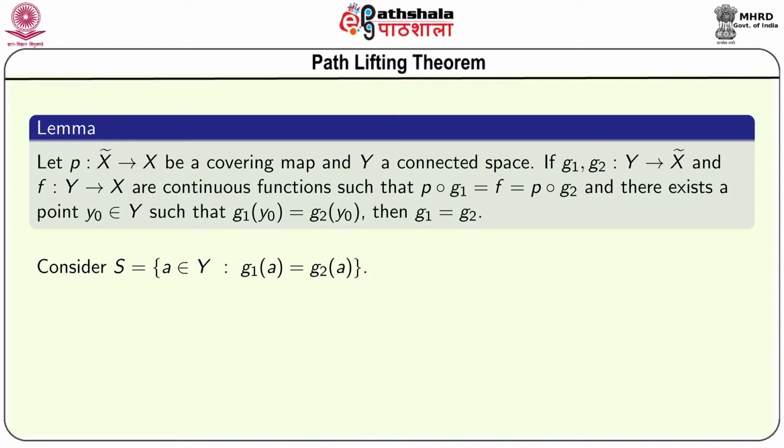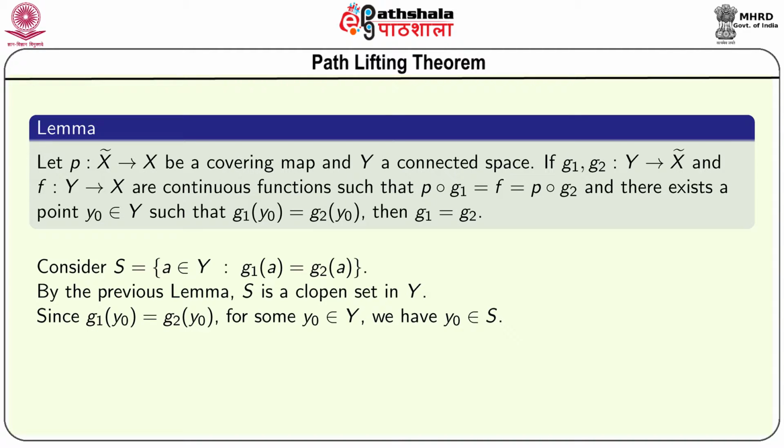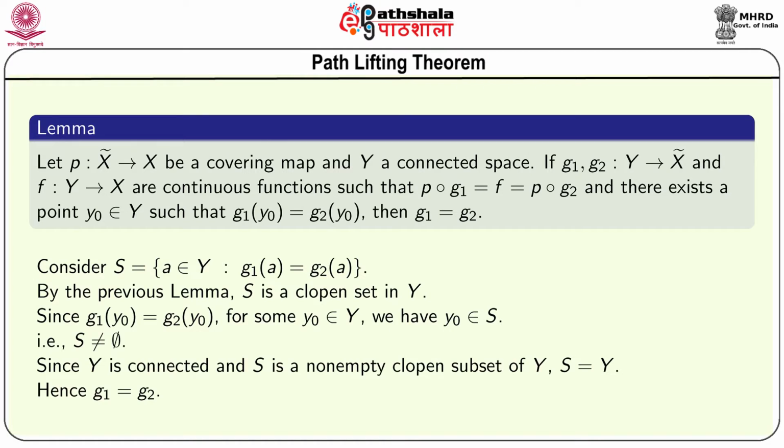Now, we take capital S as the collection of all points a from Y such that G1(a) equals G2(a). By the previous lemma, S must be a clopen set in Y. Now, since G1(y0) equals G2(y0) for some y0 belonging to capital Y, we must have y0 a member of the set S. That means the set S is non-empty.